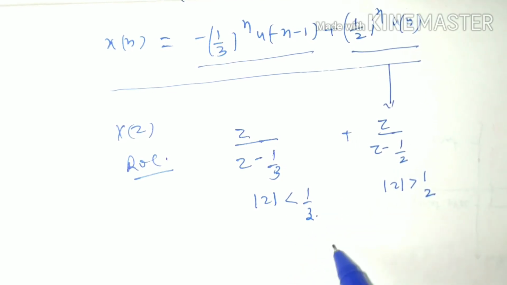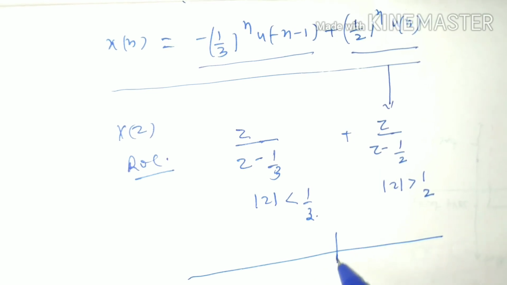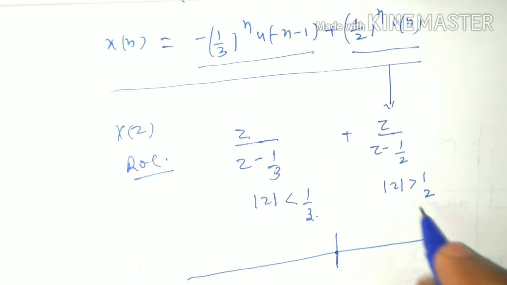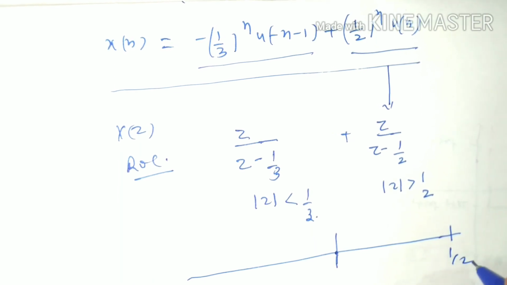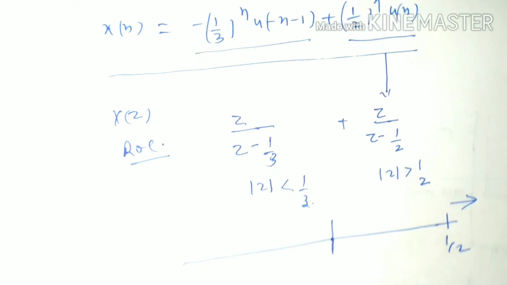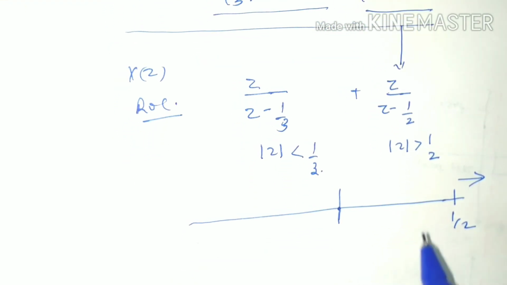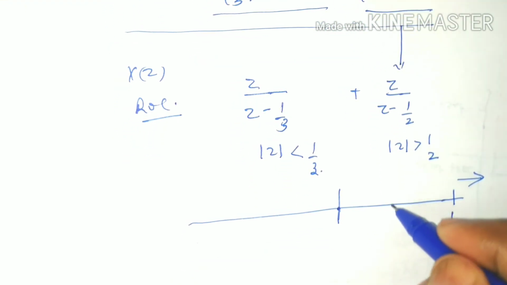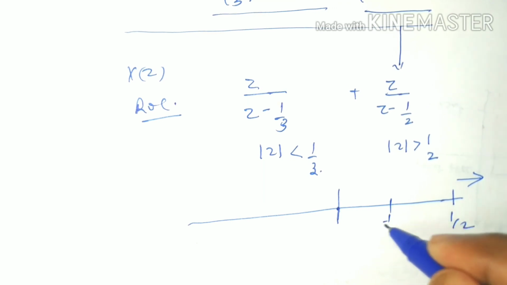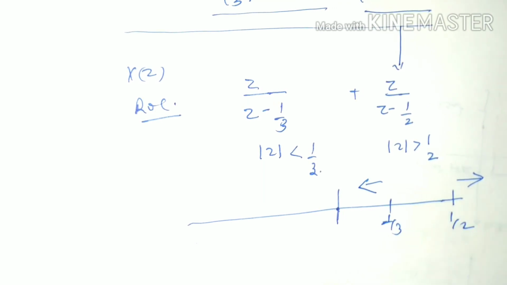So now we have to find its intersection. This one is the 0, and one tells that modulus of z should be greater than 1 by 2, that is this side, and another tells that modulus of z should be less than 1 by 3.